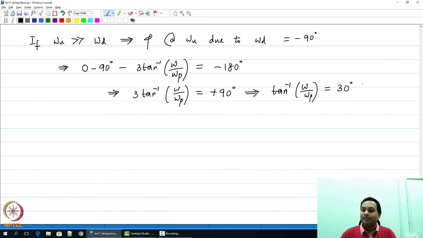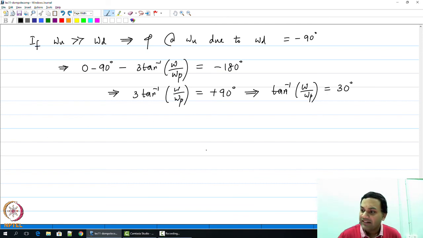Now this is clear. What we are saying is that each of the poles at omega p has to give you a phase of -30 degrees, so that the overall phase is -90 degrees from the 3 poles. The other -90 degrees comes from omega d, as pointed out here, so that the total phase is 180 degrees.